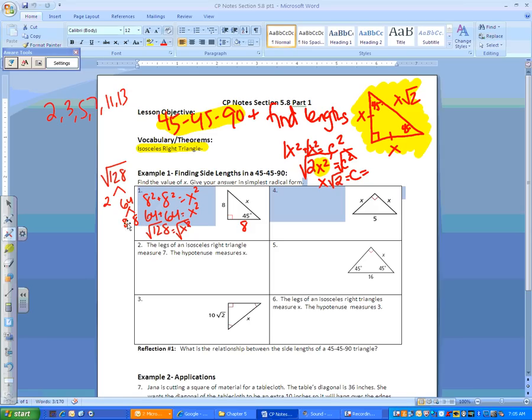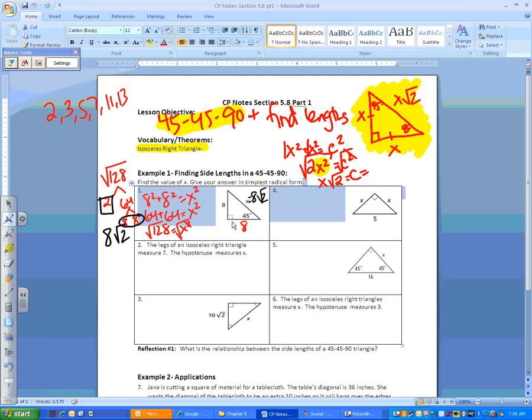Right here, you can stop, even though they're not prime numbers, because this is a pair, so they go out together, and this is a loner, so it stays in. And we've accounted for everything. So really, x is going to be 8 radical 2, and that's your final answer. Nothing else will work. 8 radical 2 is the only answer possible.